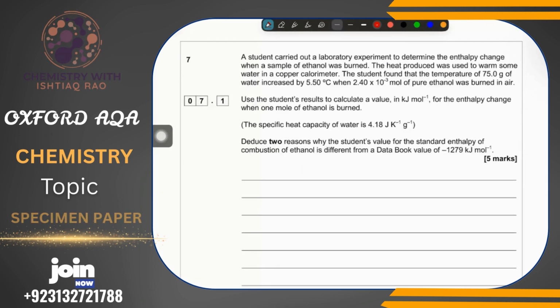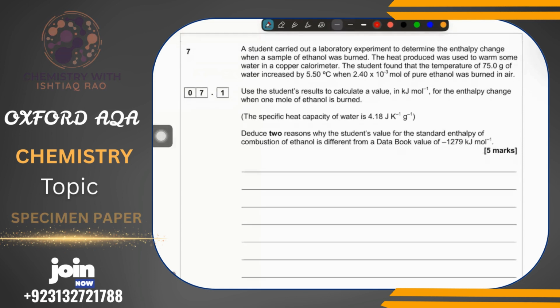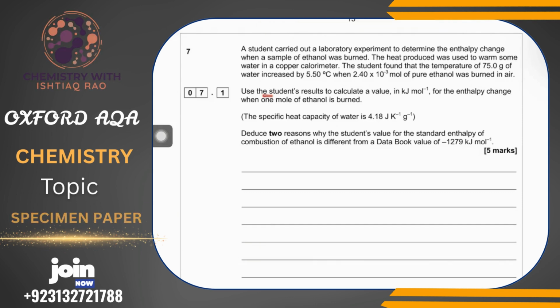A student carried out a laboratory experiment. Describe and deduce two reasons why the student's value for the standard enthalpy of combustion of ethanol is different from the data booklet value of minus 1279 kilojoules per mole. First of all, it's 5 marks. Use the student's results to calculate a value in kilojoules per mole for the enthalpy change when 1 mole of ethanol is burned.